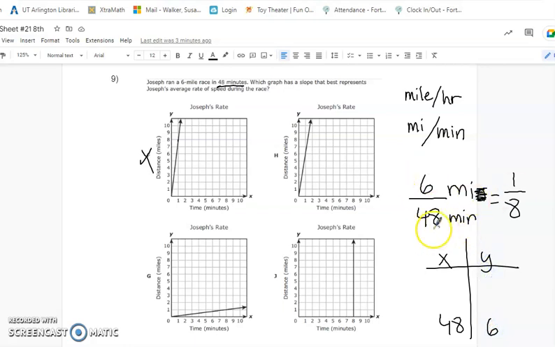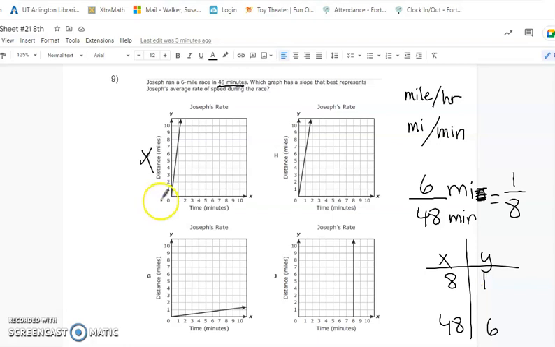And then according to this would be 8 minutes, 1 mile. That makes more sense. In 8 minutes, I could go 1 mile. I can't, but I'm sure some of y'all can.